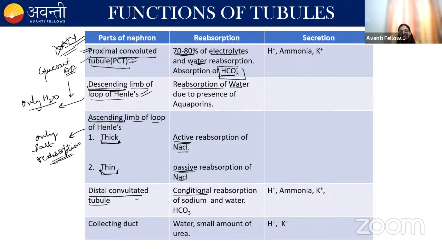Here, as I told you, conditional reabsorption takes place of sodium, water and bicarbonate ions. Sodium in the presence of aldosterone hormone, which is a mineralocorticoid, and water in the presence of ADH, which is an antidiuretic hormone, also called vasopressin.